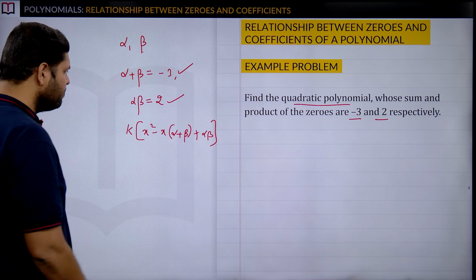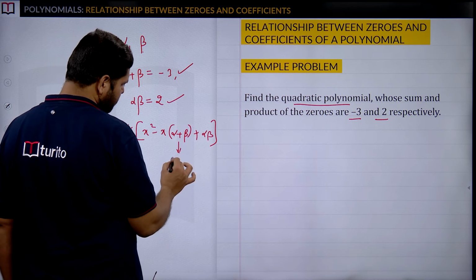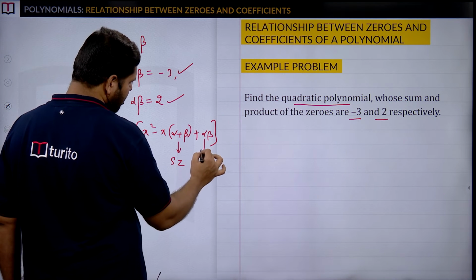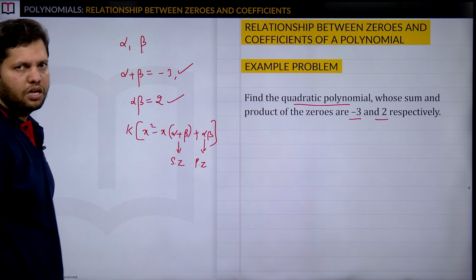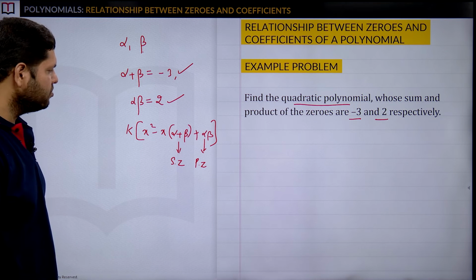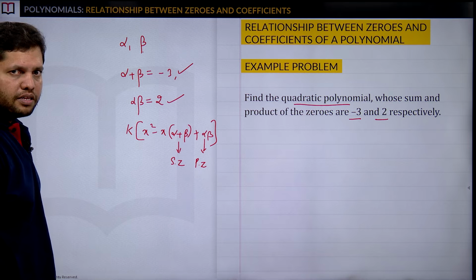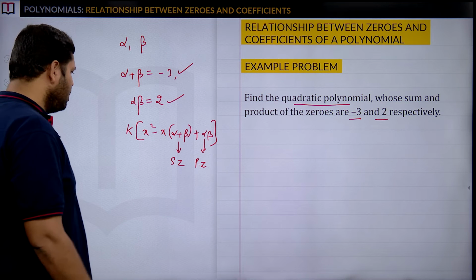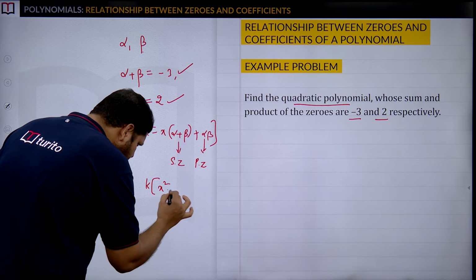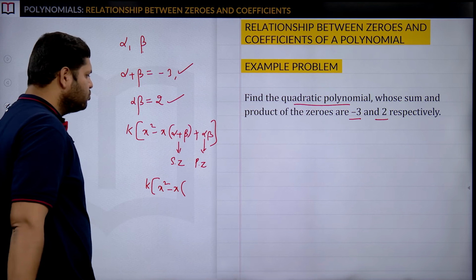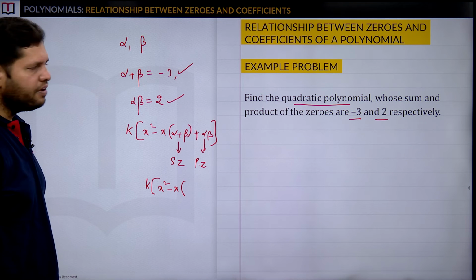Here alpha plus beta is nothing but the sum of the zeros. And alpha into beta is the product of the zeros. Then children, substitute the values here. So k into x square minus x into, what is the alpha plus beta value, children?